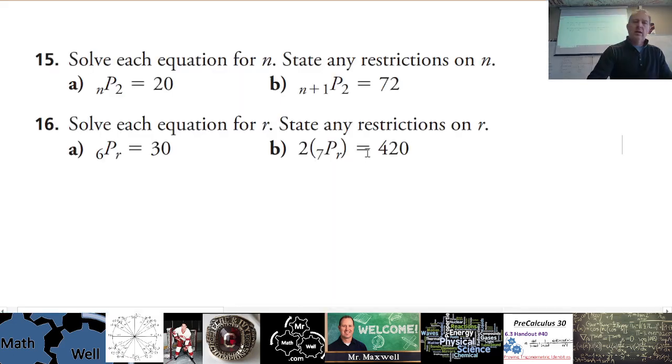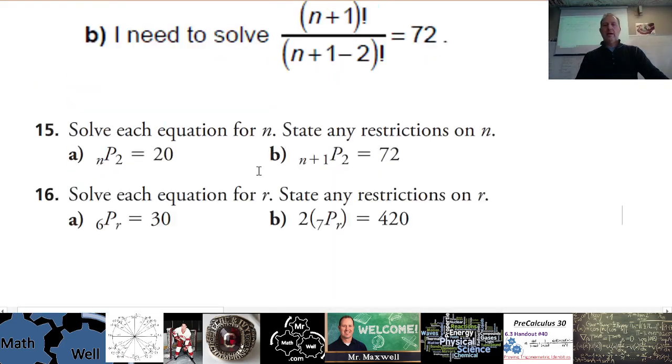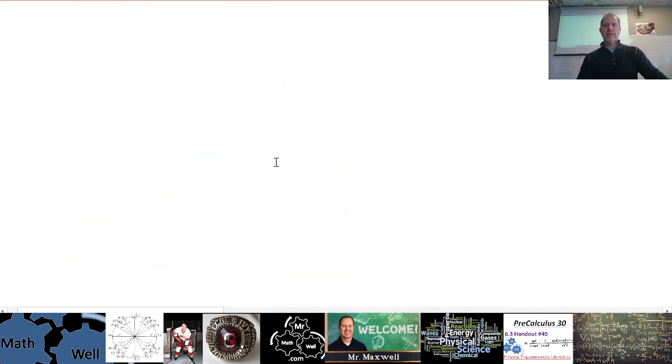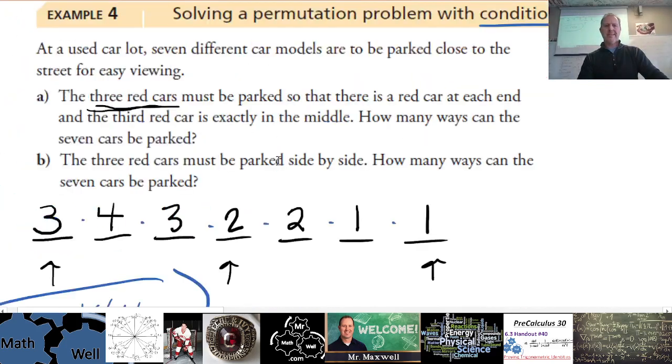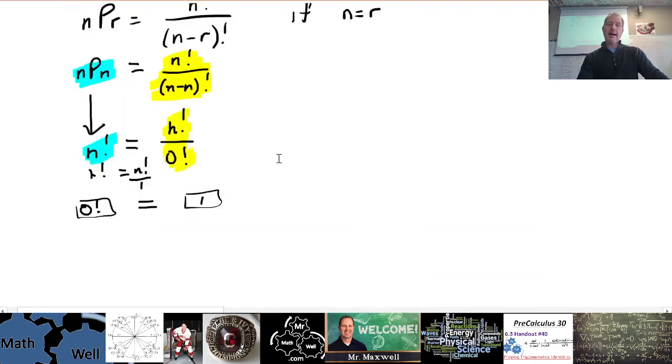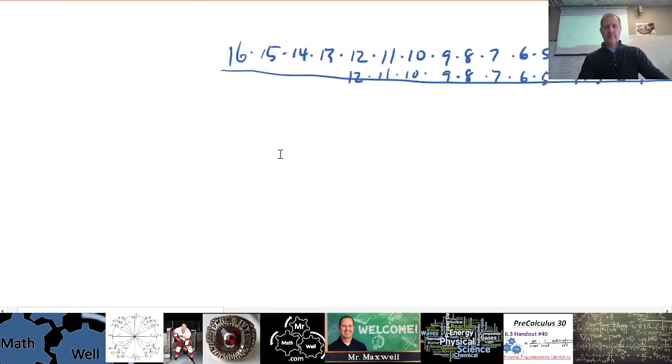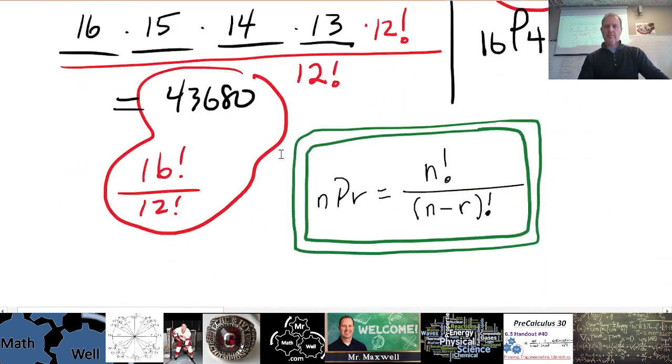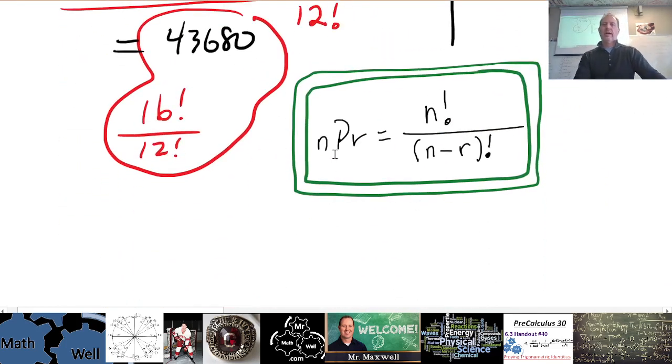All right, so the permutation formula, let's back up for the permutation formula. That's what we learned the other day. So this one right here. If we have a total number of n objects and we pick, remember the P stands for permutation, but it's a good thing to think about pick.